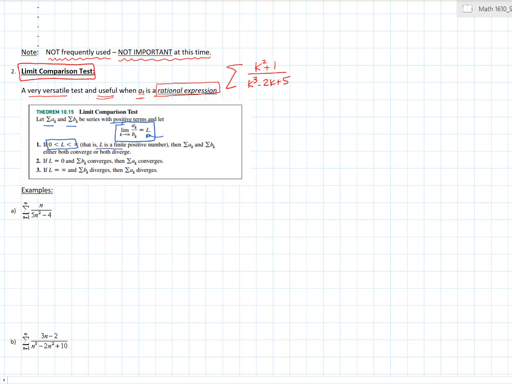That means L is a finite positive number. Then the two series converge or diverge together.